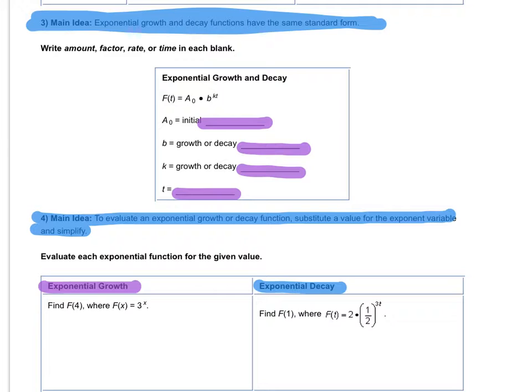So for exponential growth and decay, the function f of t is equal to a sub 0, which is going to be your initial amount, b is going to be your growth or decay factor, k is going to be the growth or decay rate, and t is just going to be for time.